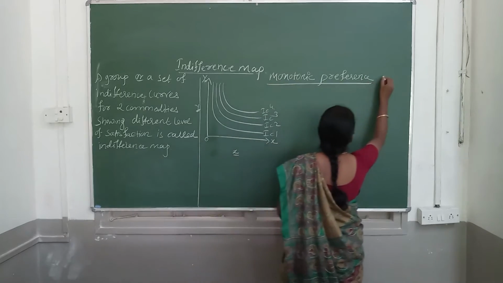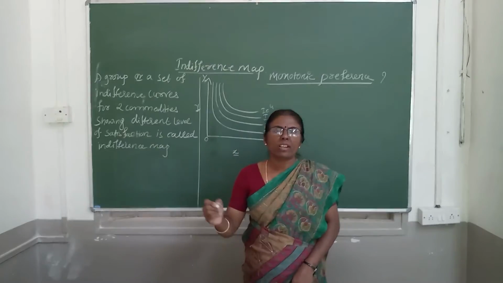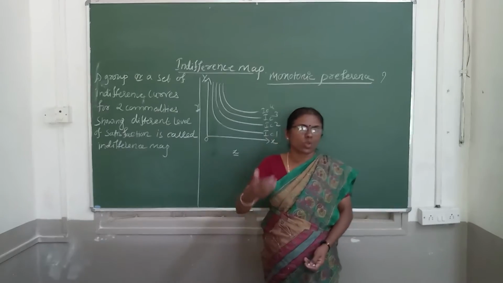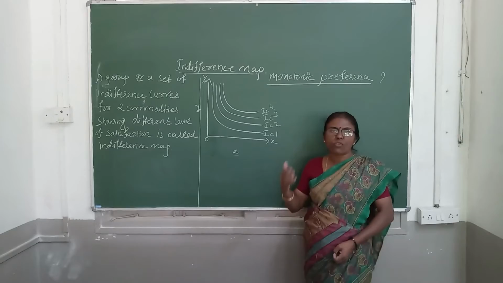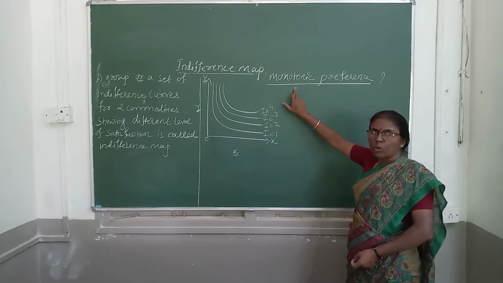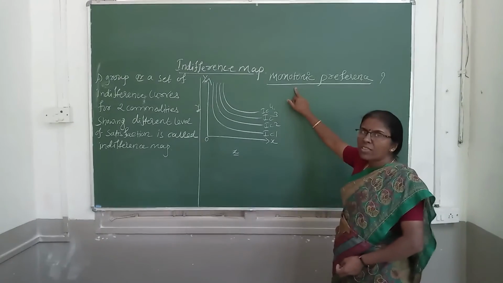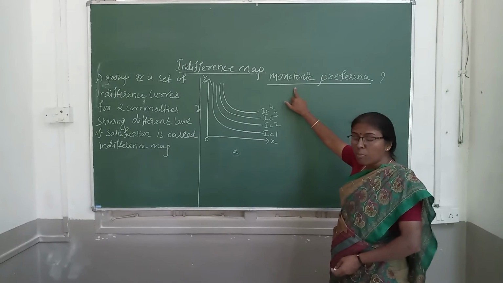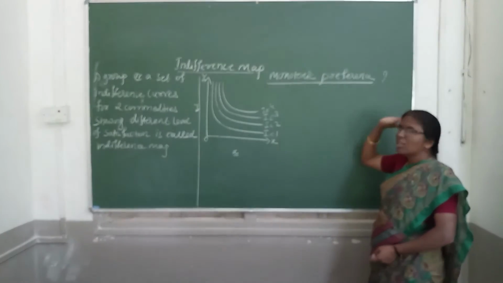Then this can be asked as a 2 marks question or a 1 mark question. What do you mean by monotonic preference? Monotonic preference means a rational, intelligent consumer always prefers a higher level of satisfaction. The consumer gives importance to the higher indifference curve, and that is nothing but monotonic preference.